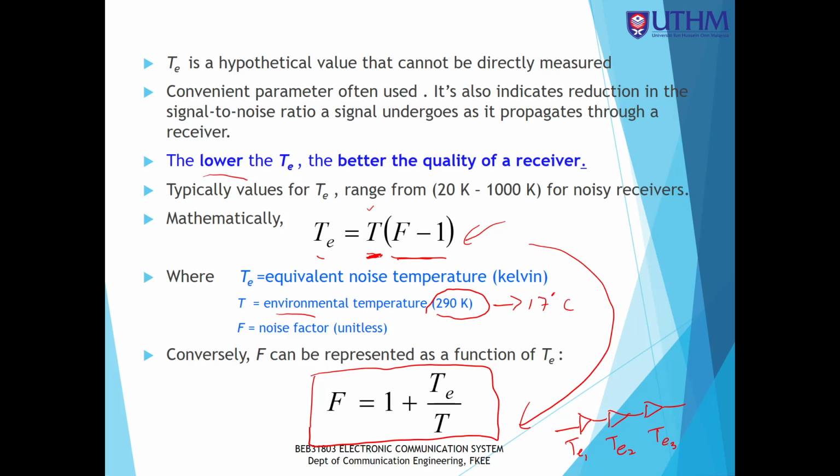Because you have F1, F2 and F3, therefore you akan ada TE1, TE2 dan juga TE3 bergantung kepada jumlah cascaded amplifier. So sebelum ini you lihat kalau diberikan gain dan juga noise factor, you boleh juga diberikan dalam sebutan TE dan juga gain. So it depends.